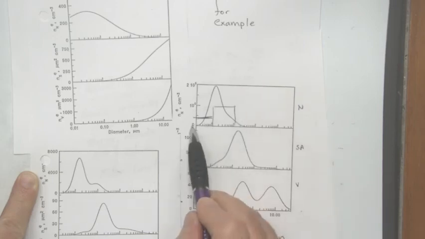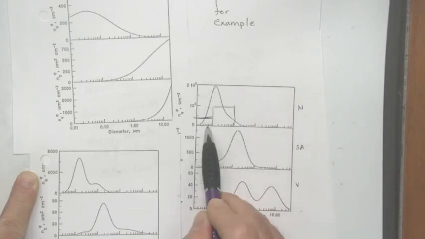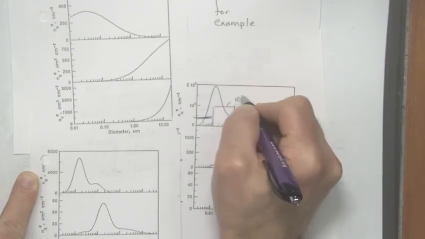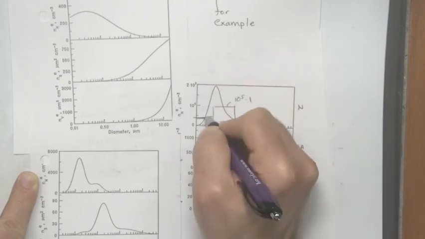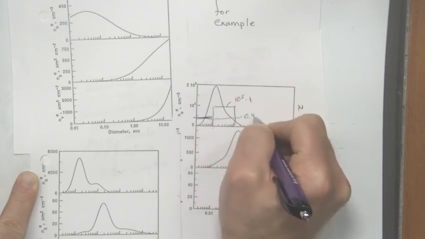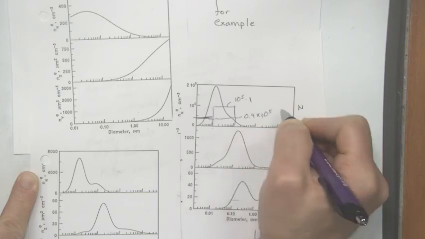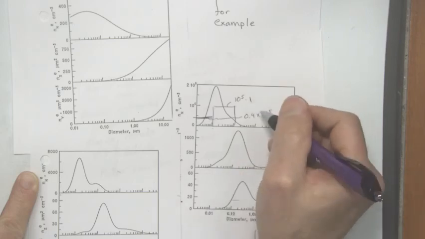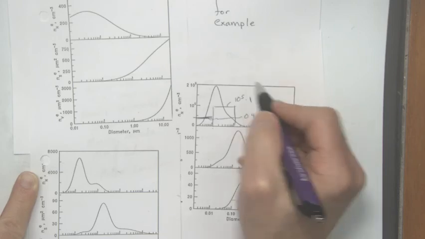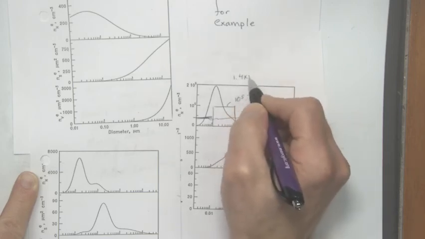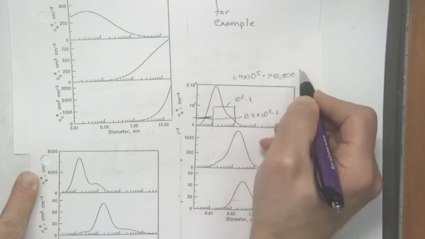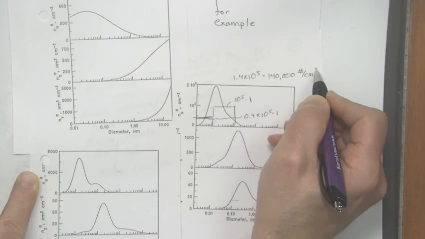If we call this 1 decade and 1 decade, even though this one's a little short of 1 decade, this one would contribute 10 to the 5 times 1, and this one would contribute 0.4 times 10 to the 5 times 1 for its width. And so in total, that would be 1.4 times 10 to the 5, or 140,000 number per cubic centimeter.